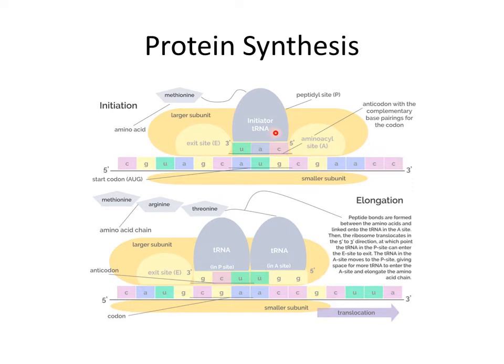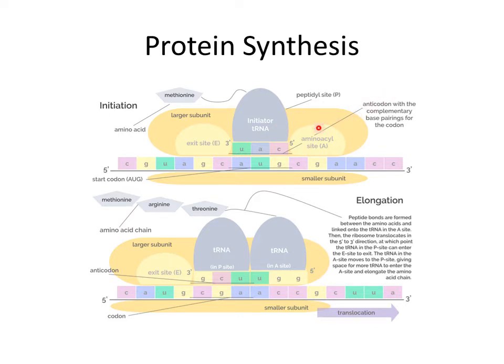In the P site, the initiator tRNA binds, with a base pairing complementary to the AUG codon on the mRNA, and from the AUG starts the protein synthesis. This initiator tRNA carries methionine, and it is the only tRNA which binds to the P site initially.